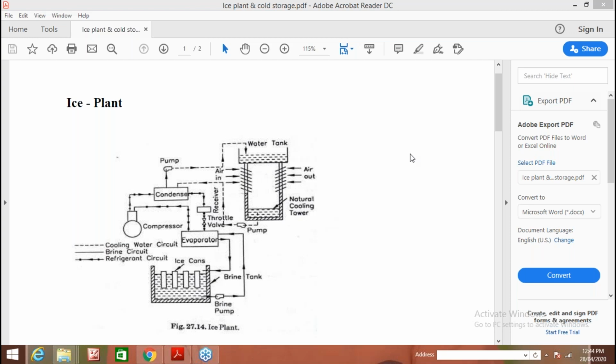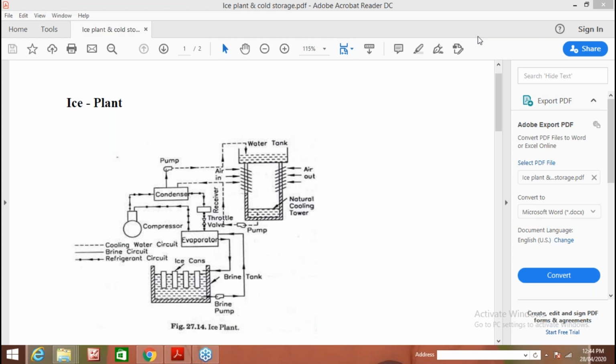Firstly, in the evaporator, the refrigerant will take heat from the brine, and that cold brine goes to the formation of ice. A can of water is there, the ice cans. As the temperature of the water inside decreases and reaches 0 degrees Celsius or below, the formation of ice takes place.